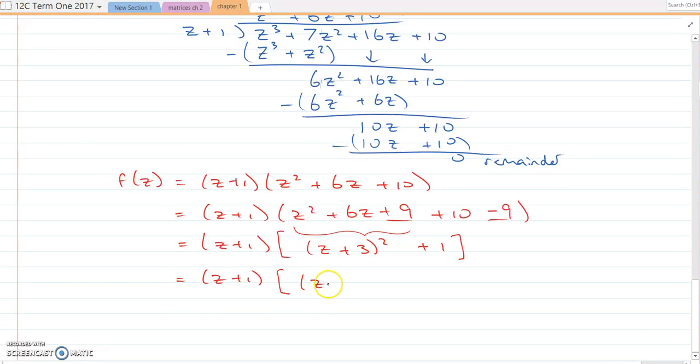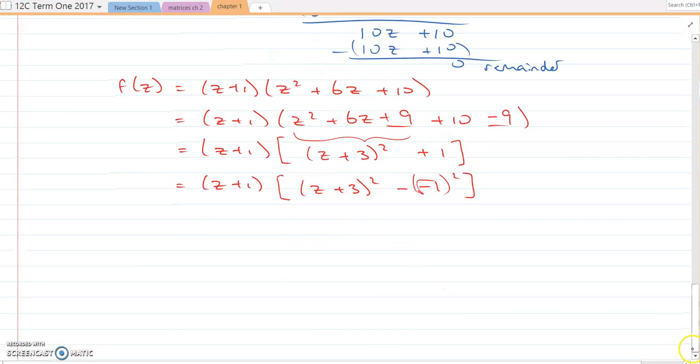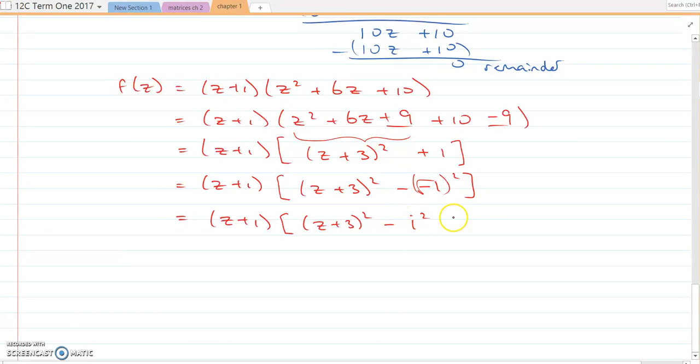I've got to have difference of two squares, so I've got to have a minus. So this is minus of a minus 1. And then I can square root and square that, because square root and square is the same thing, it cancels out. Z plus 1 times z plus 3 squared, and of course the square root of negative 1, that is i.